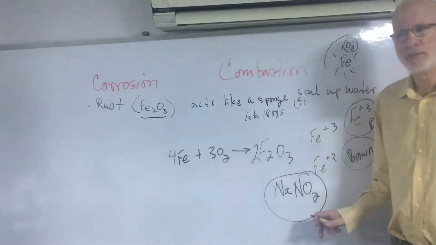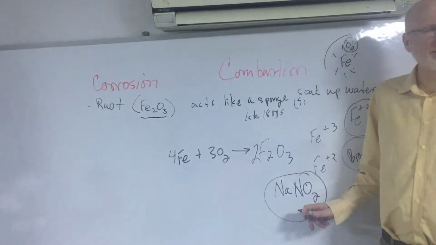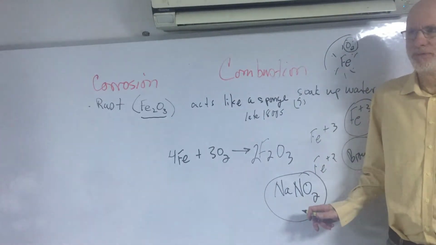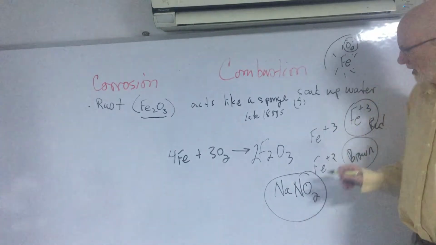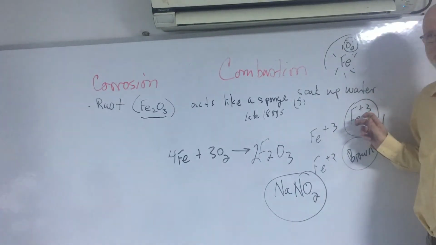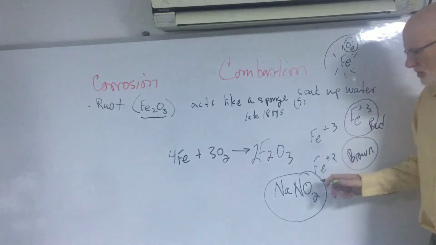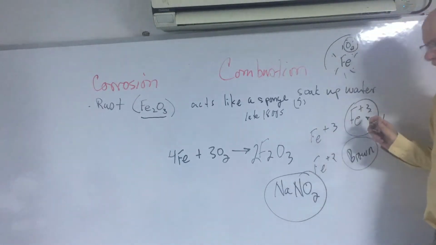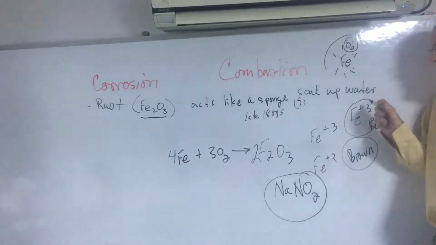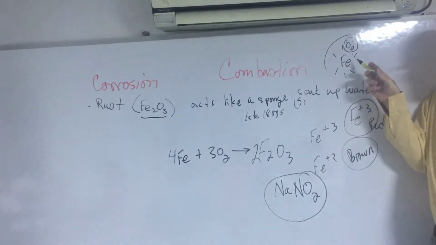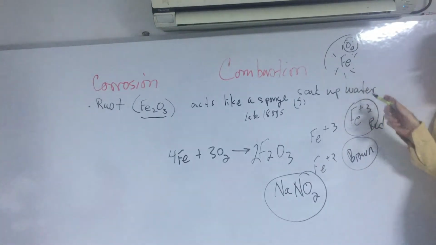We inject that into the beef. The sodium nitrite locks the iron into the iron 3 state. So we put sodium nitrate into the meat, and it locks the iron into the +3 state.